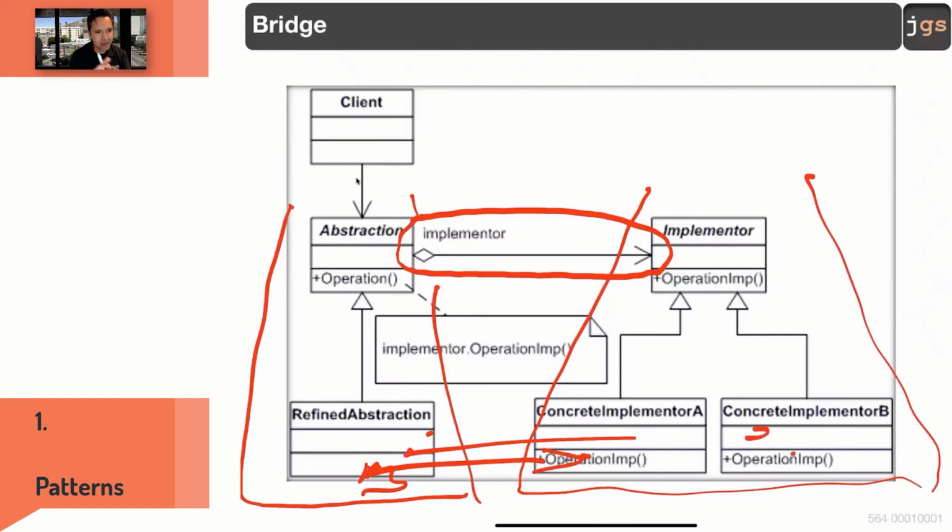The pattern is telling you, if you have two families and the kids of this family are going to play with the kids of the other family, instead of making connections among the kids in one direction or in both, just connect the parents.